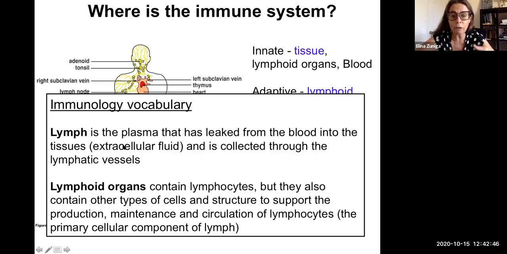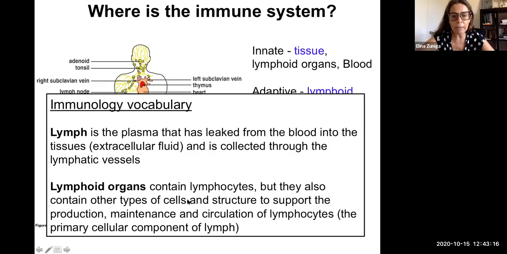It is in the extracellular fluid, and is collected through the lymphatic vessels that are all throughout our body, okay? And the lymphoid organs are different organs that contain lymphocytes, that we will learn more about today. They also contain other cell types that provide the structure, support and maintenance, and they are important for the maintenance and circulation of the lymphocytes.